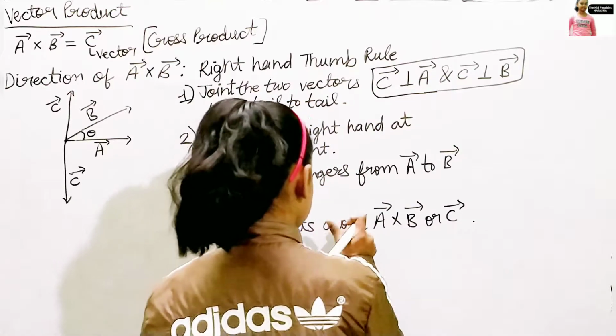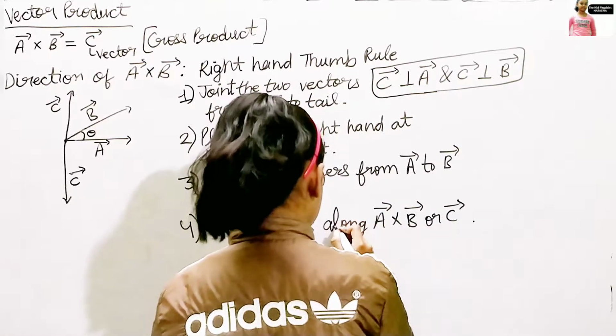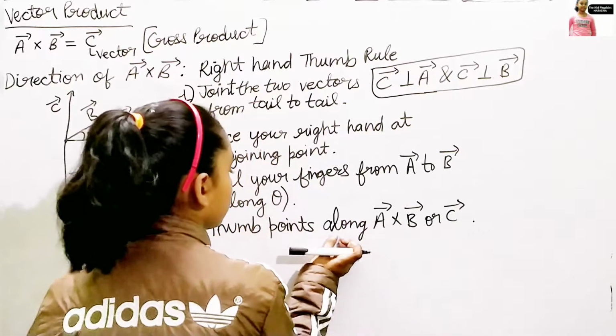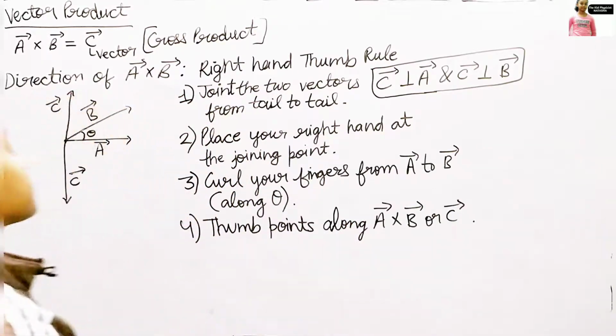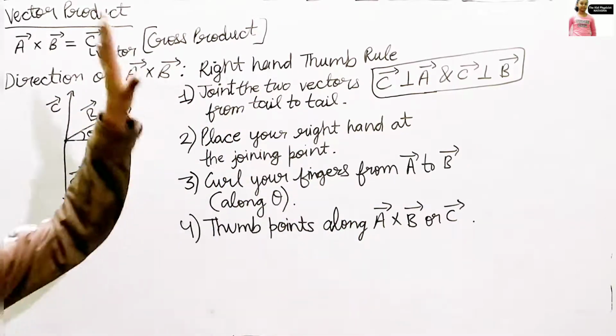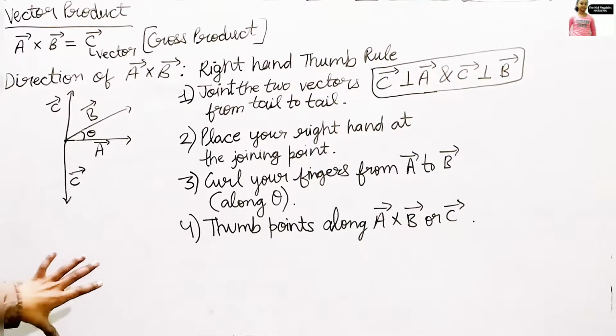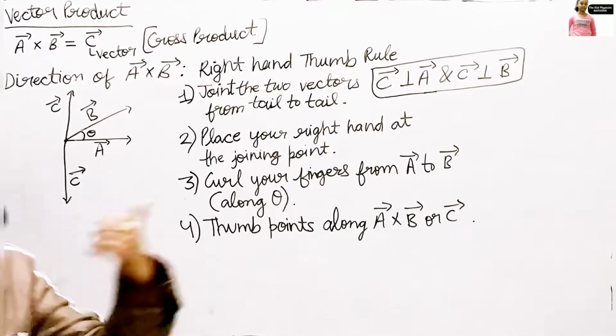So the thumb points along A cross B. See all the 4 steps. Got it? So let us do it.